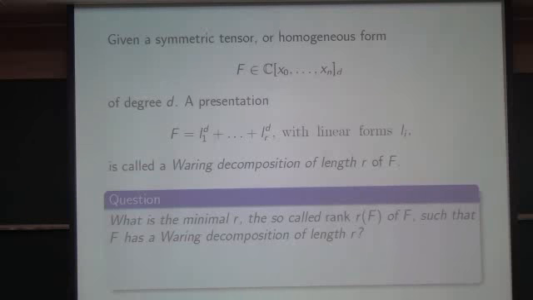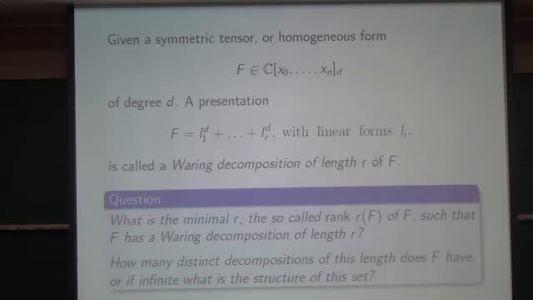The smallest r we call the rank of the polynomial. And the next question is, for this smallest r, how many decompositions are there? Is it possible to do it in different ways?